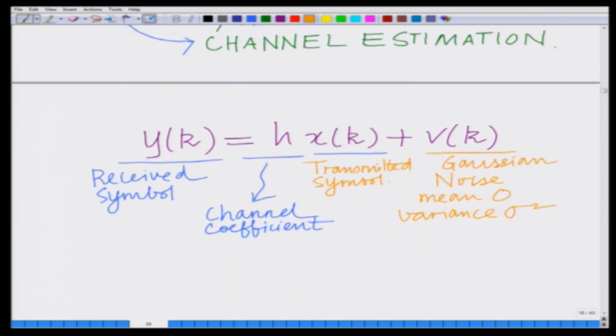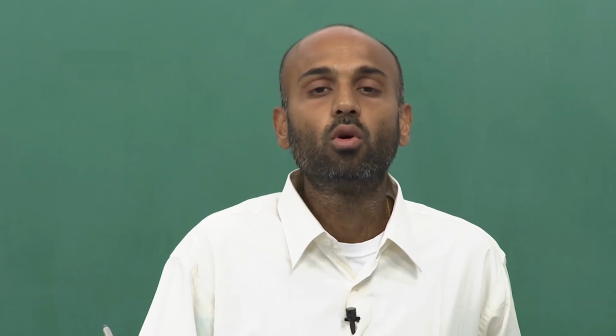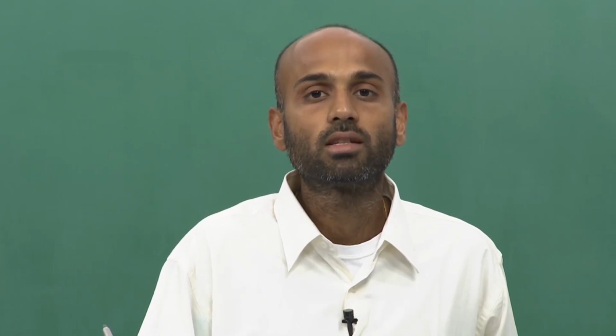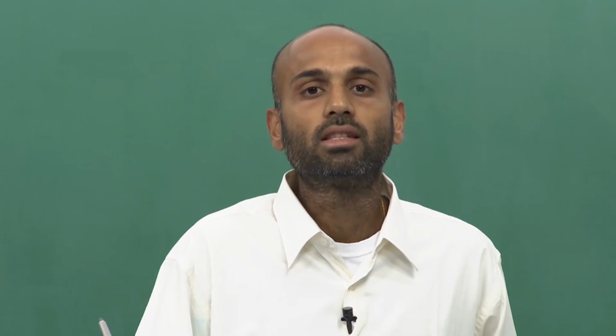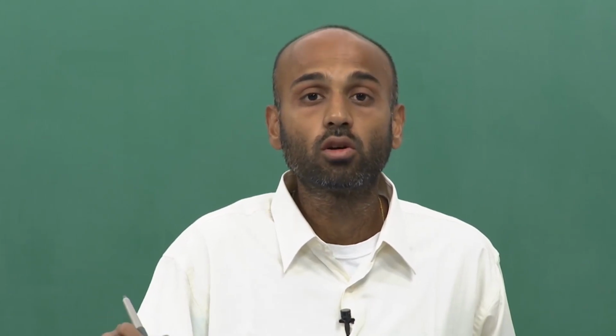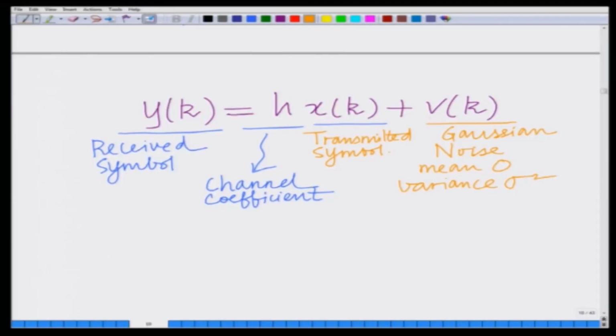So, we have yk equals h times xk plus vk, where yk is the symbol received on the receive antenna, h is the unknown channel coefficient which has to be estimated, xk is the transmitted symbol, and vk is the Gaussian noise at the receiver. This is also known as additive Gaussian noise, because this noise is additive in nature. So, this vk is also known as additive.